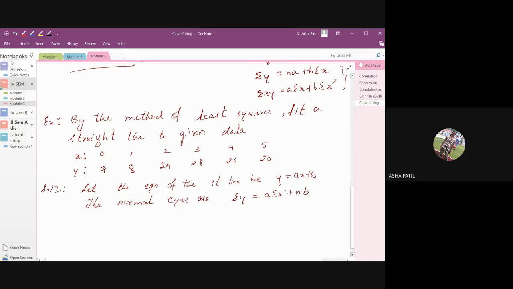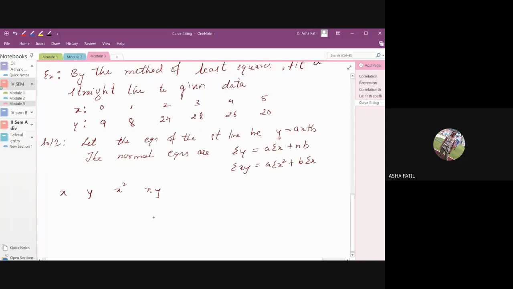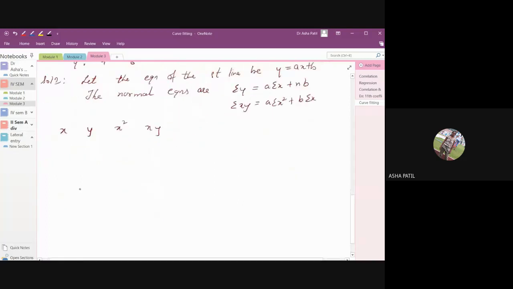Then for the other normal equation, multiply by x and take the summation: summation xy is equal to a into summation x square plus b into summation x. Now once you write the normal equations, you will come to know what values you want. Accordingly, put the table. We have x and y, we want x square and we want xy. Just put a table with this data.